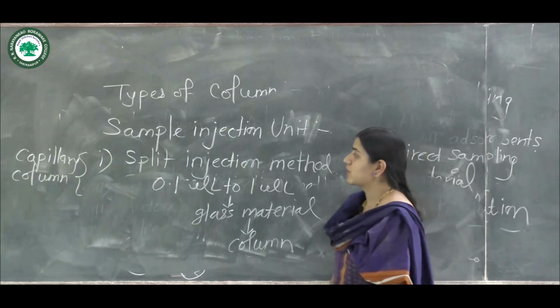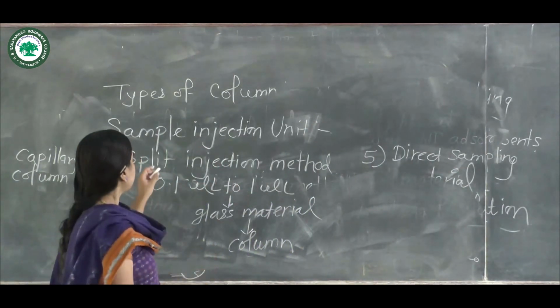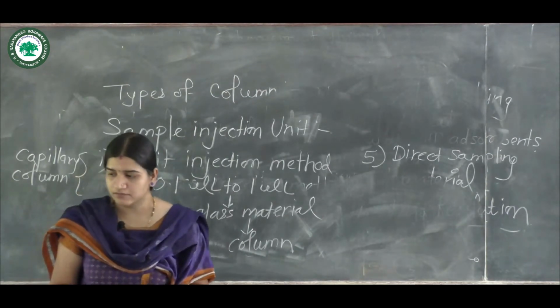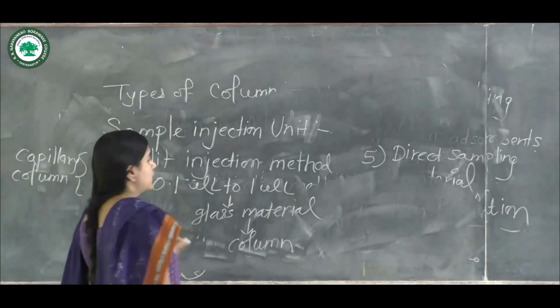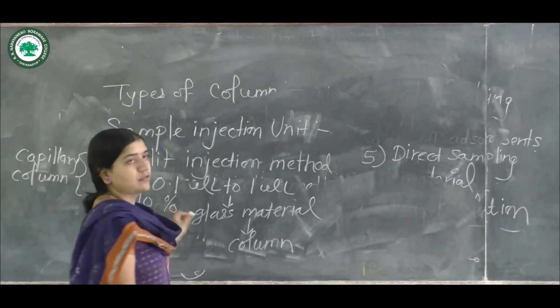Okay, so this is about the first point, that is the split injection method. And the concentration of a sample used for the split injection method is in the range of 1 to 10%.